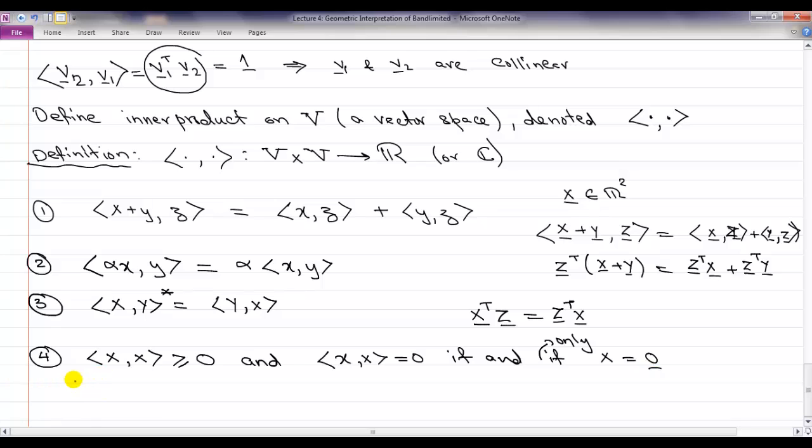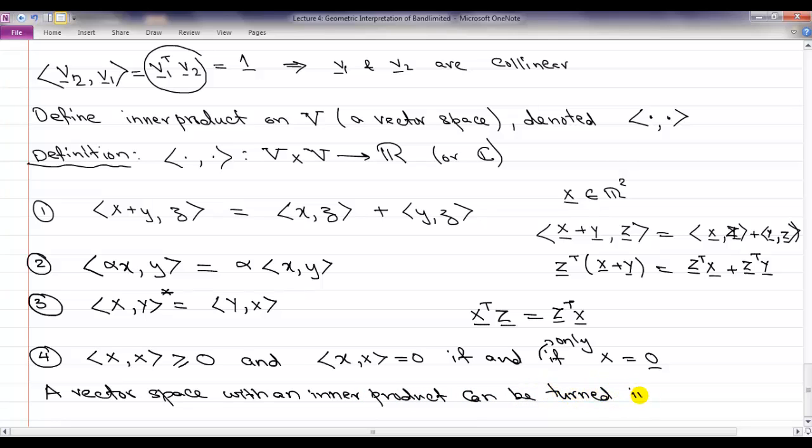Any vector space which has an inner product defined on it, a vector space with an inner product, can be turned into a normed vector space.